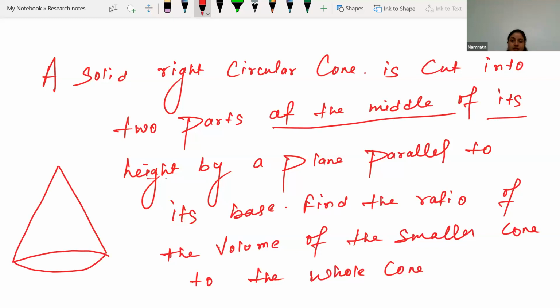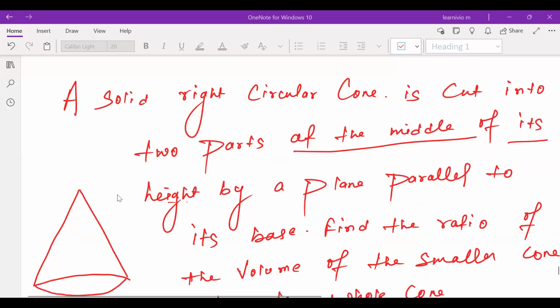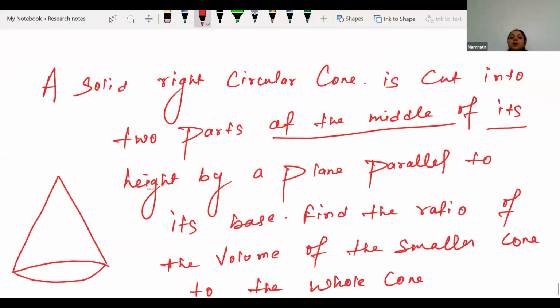So we are cutting this cone from the middle, as written in the question, by a plane parallel to its base.